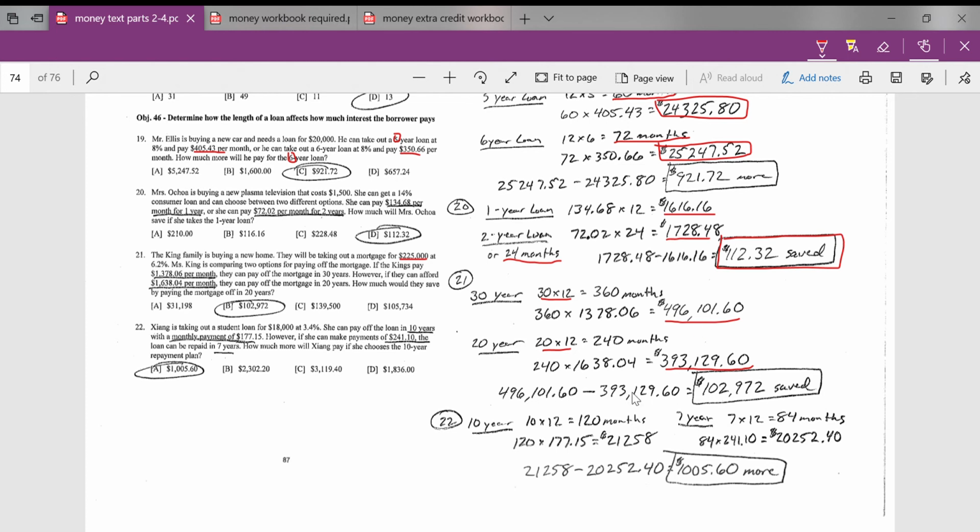You take the bigger minus the smaller, and look at that, much money, amazing, $102,972 saved. Okay, and that's crazy that it actually costs that much, because the house only costs $225,000. But not very often does someone have that much money they can pay right away. So that's why you take out loans, and that's why it costs so much more over time.